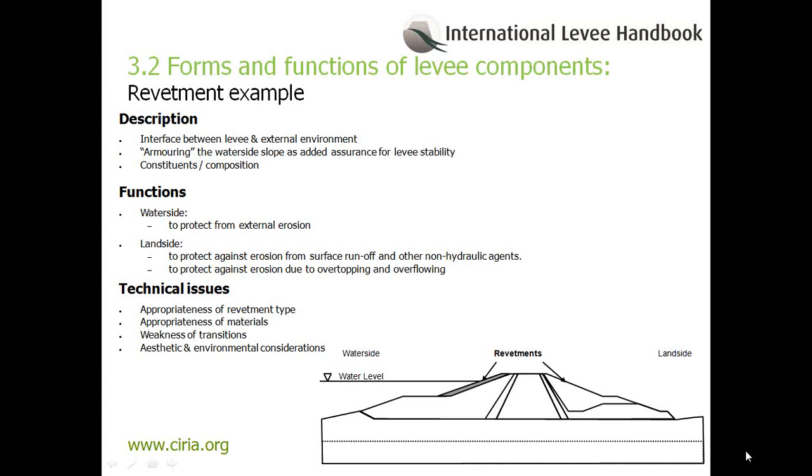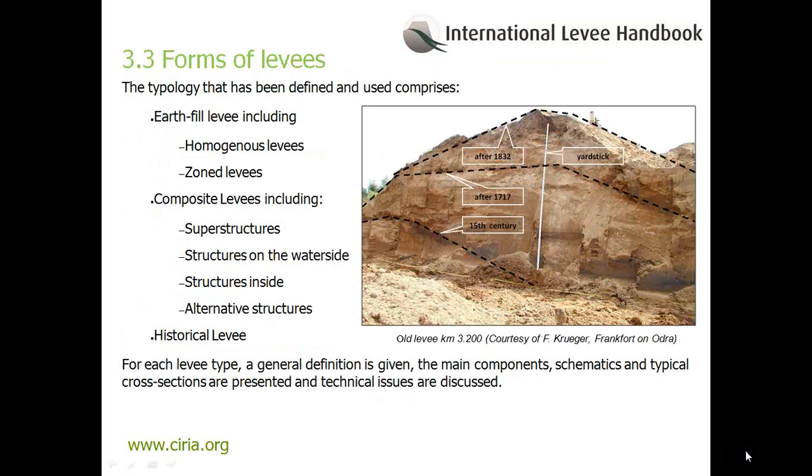In this section, the different types and forms of levees are presented. The typology that has been defined and used comprises an earth-fill levee, including homogeneous levees or zoned levees, composite levees, including superstructures, structures on the water side, structures inside, or alternative structures, and then historical levees as shown in the photo on this slide.